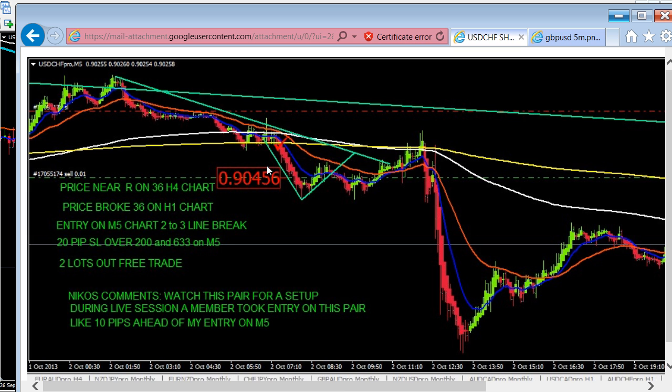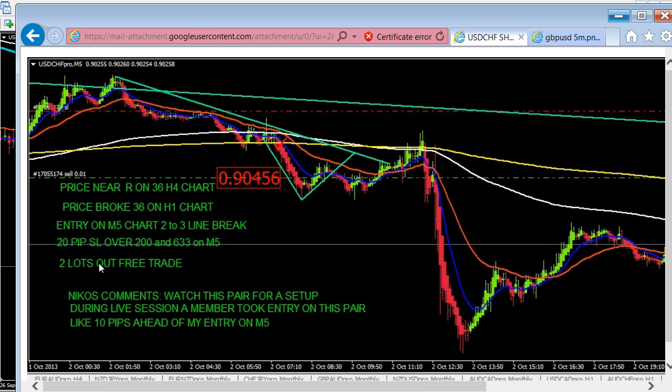So you took this 1, 2, 3, but you used this trend line to place your stop. Is that correct? So the trend line actually coming from your 1-hourly or 4-hourly chart, right? So price near resistance on the 36 EMA 4-hourly chart, price broke the 36 on the 1-hourly chart, entry on the 5-minute 2 to 3 line break, 20 pips, stop loss over the 200 EMA and the 633 on the 5-minute.